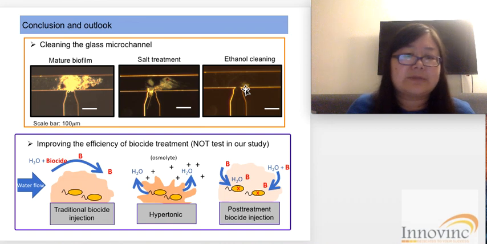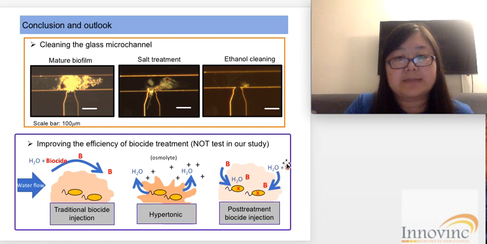Another aspect we want to test is improving the efficiency of the biocide treatment. As we discussed before, the biocide efficiency in the biofilm is very low. But if we could create osmotic pressure to let the biofilm shrink and expand, to force the water plus biocide to influx into the biofilm and kill the cells inside.